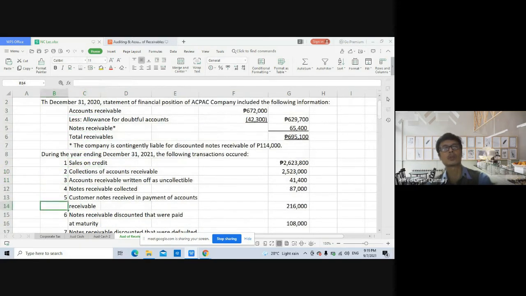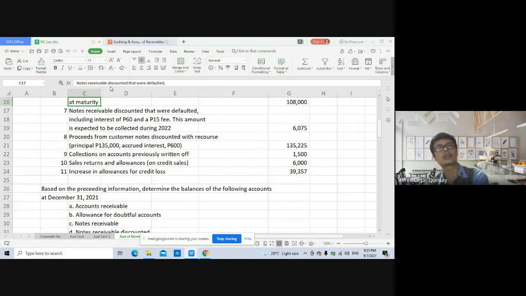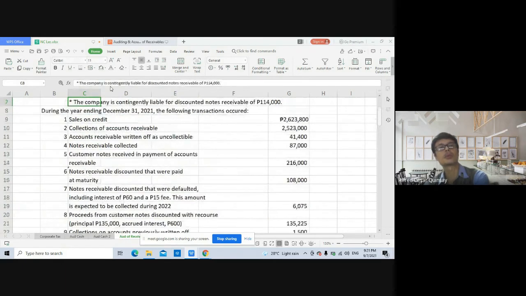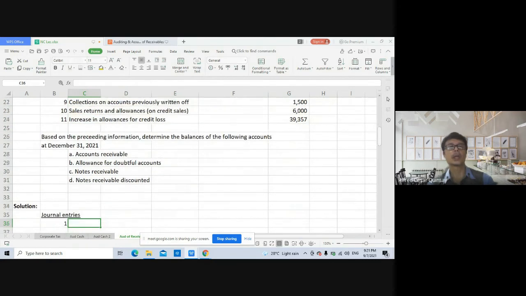From numbers 1 to 11. Okay, so we're going to prepare a journal entry for the preceding transactions. No? Okay, starting with number 1. So sales and credit for 2,623,800. Okay, so entry number 1 is debit accounts receivable for 2,623,800.